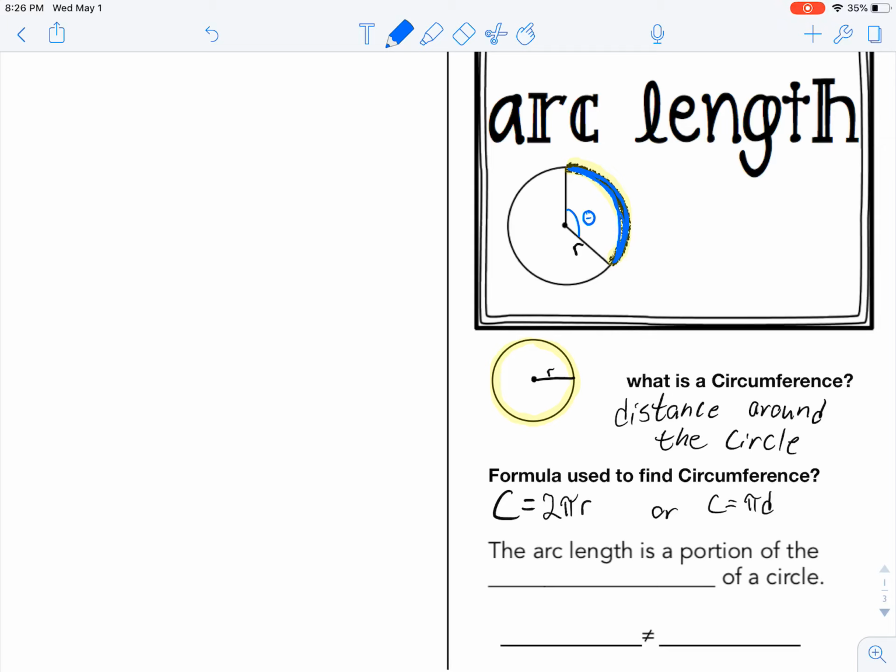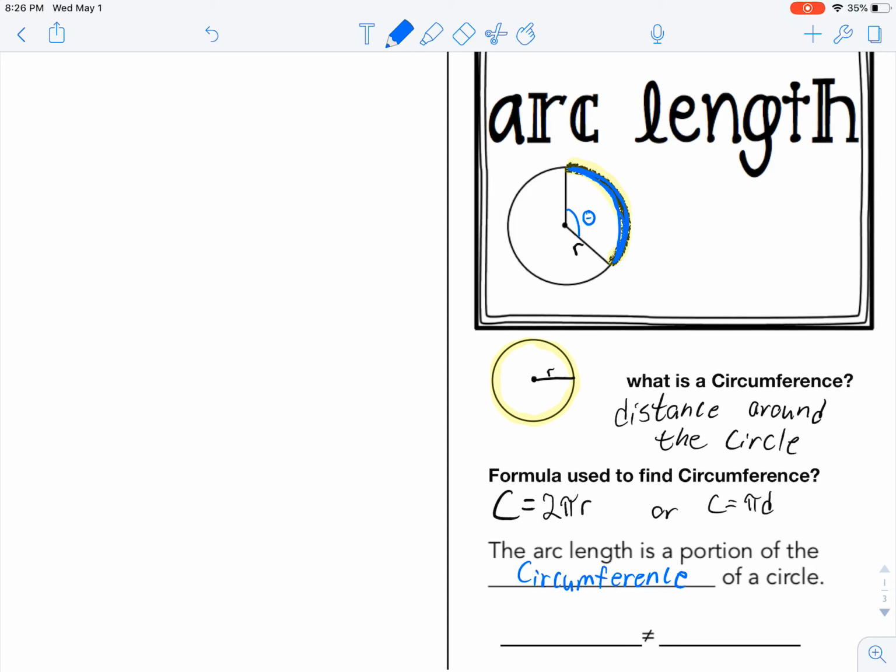Well, what we were using to find the distance on the edge was the circumference. So the arc length is just using a portion of the circumference of a circle.